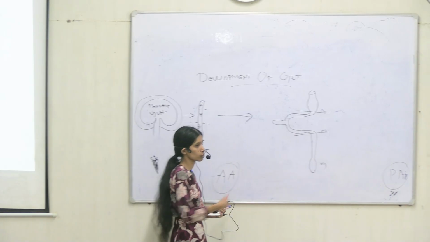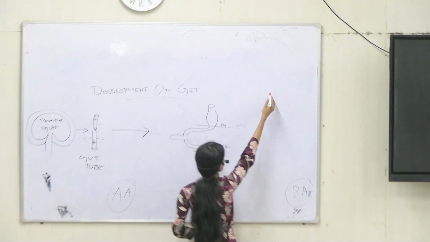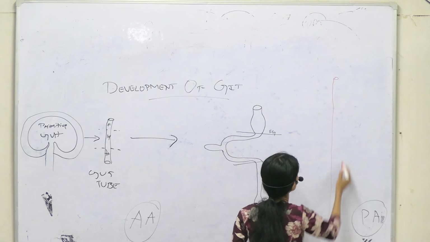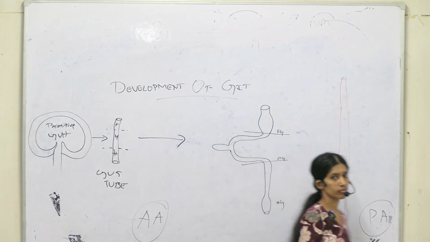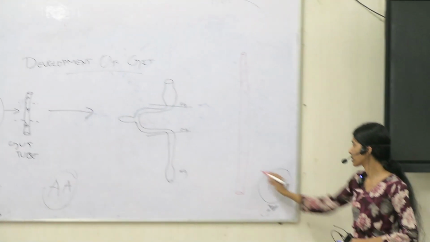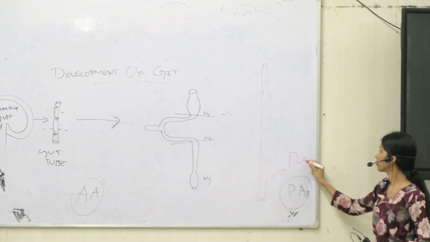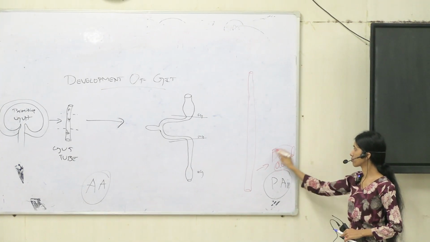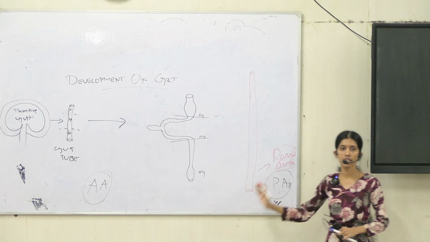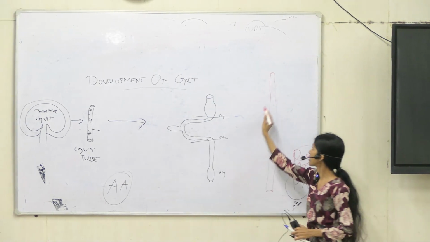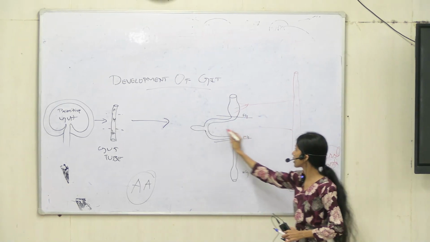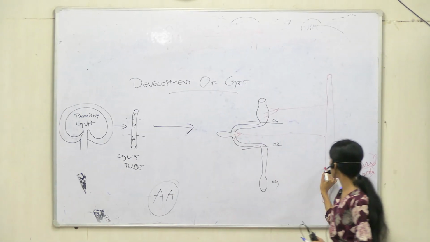So here in the posterior aspect we can see the presence of the dorsal aorta. Your dorsal aorta will give a few branches to supply the developing gut region. What are the branches?